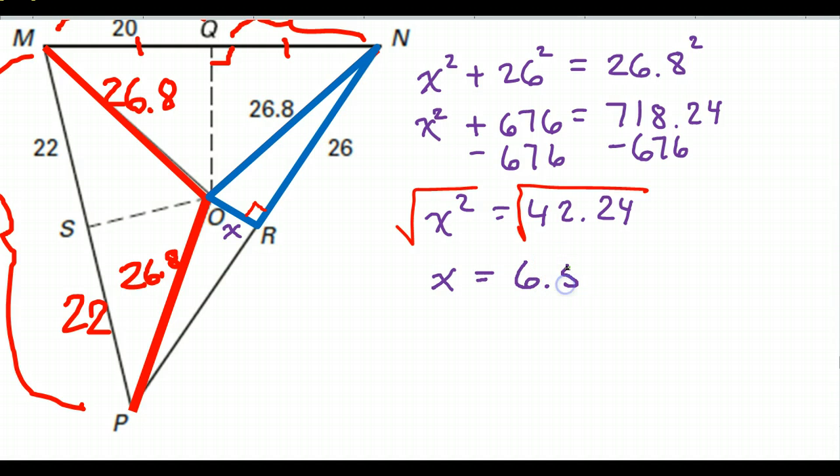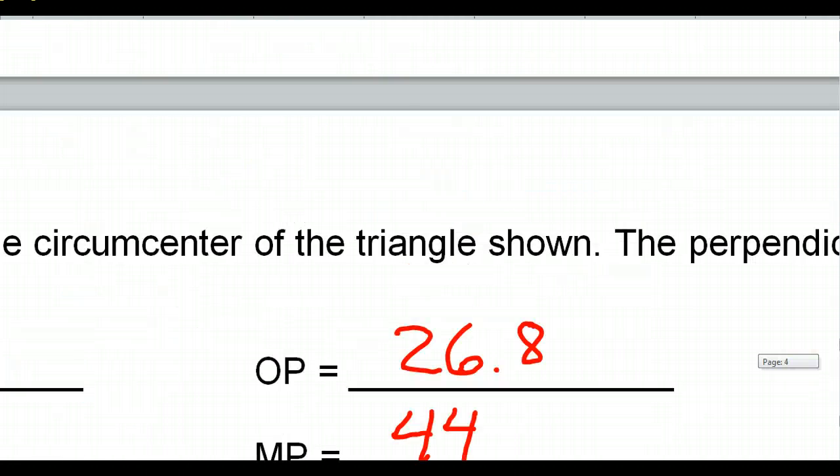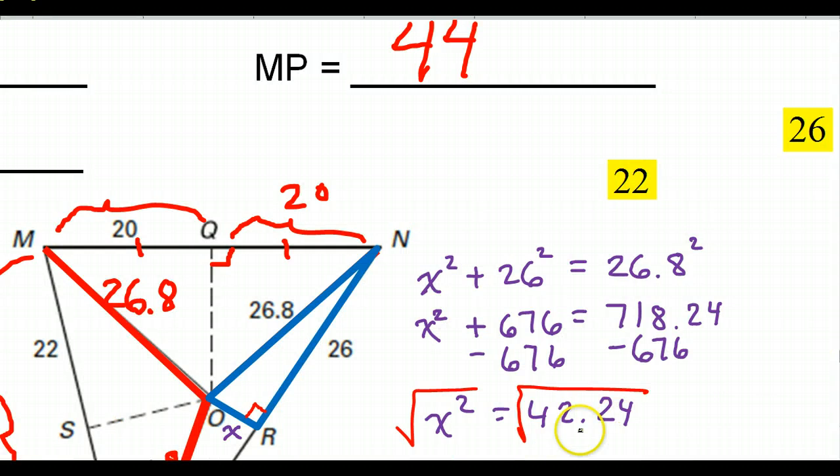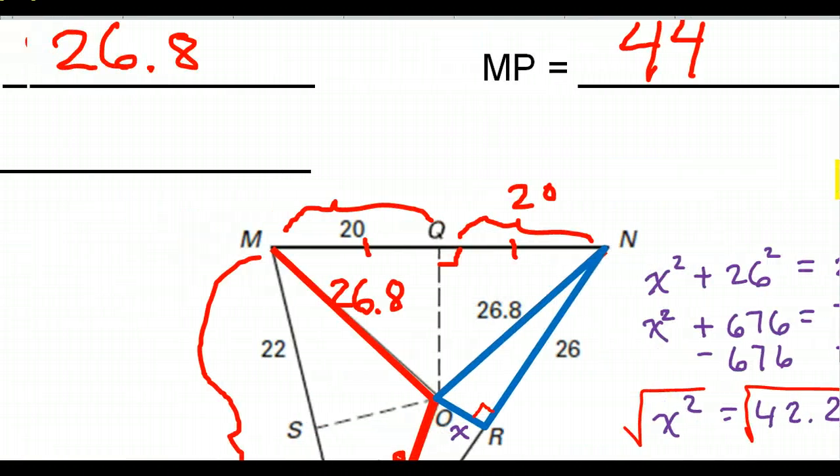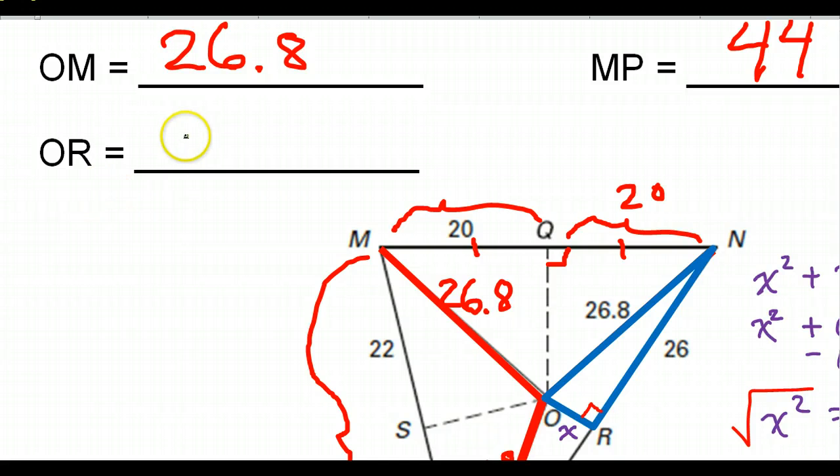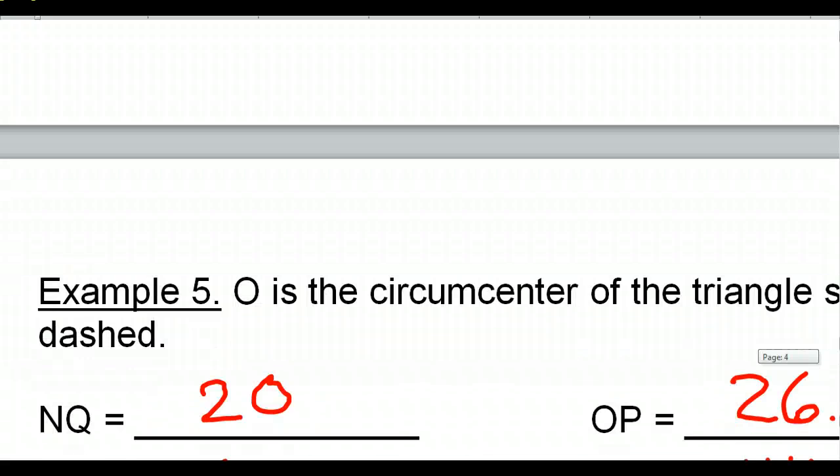Basically, that's going to be 6.5. So that should be my OR. It's approximately 6.5. Okay, that is how you do example 5.